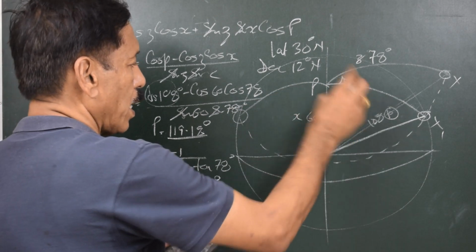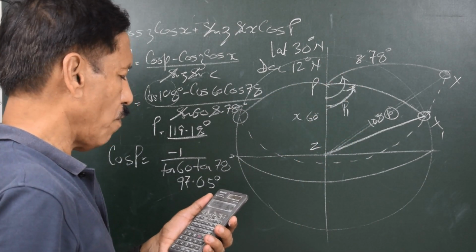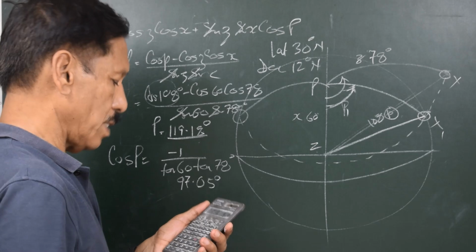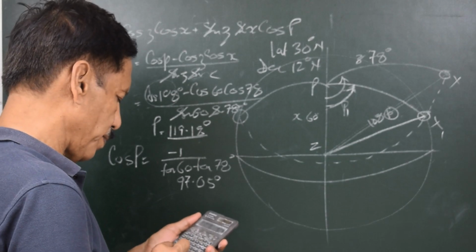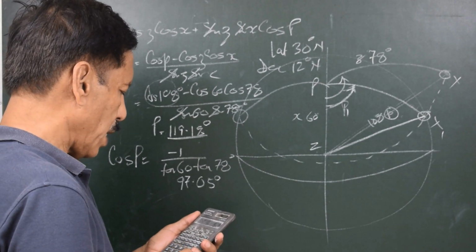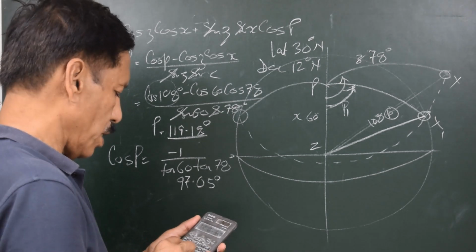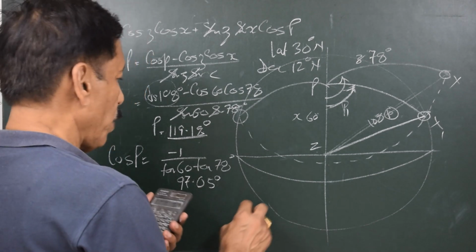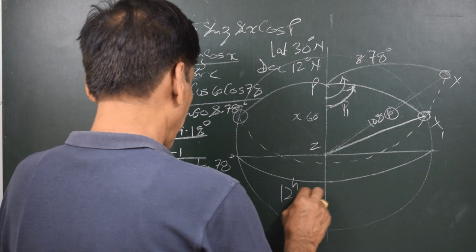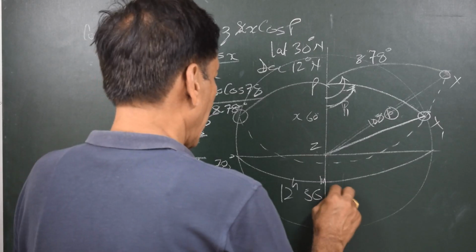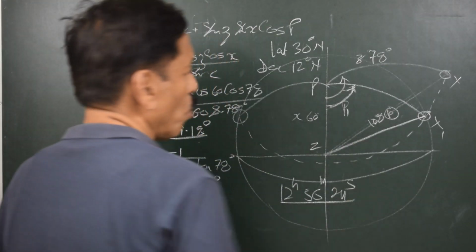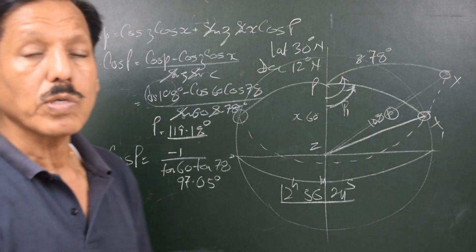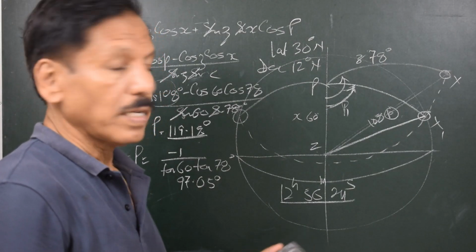That means the total angle is 194.098 degrees. If I divide this by 15, I get 12.939. In terms of hours and minutes, it will be 12 hours 56 minutes and 24 seconds. So this is the duration of the day when the latitude is 30 degrees north and the sun's declination is 12 degrees north.